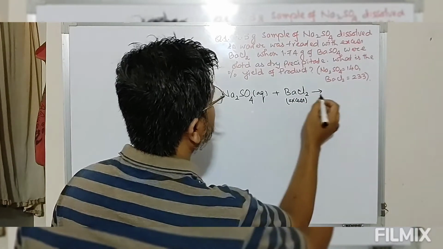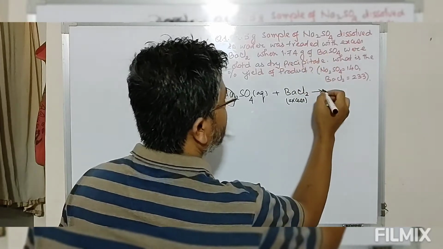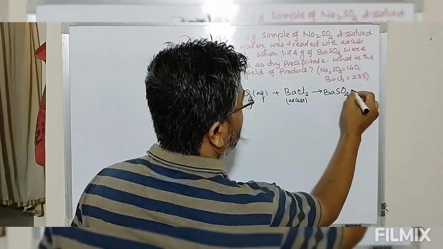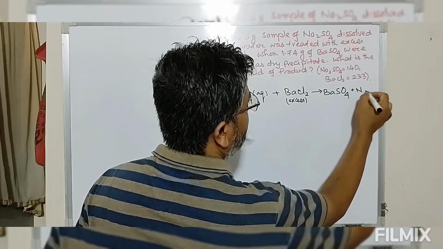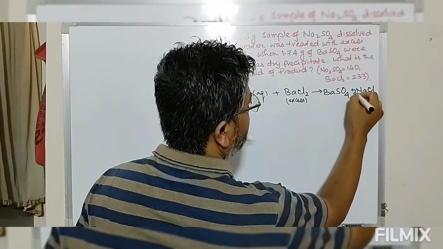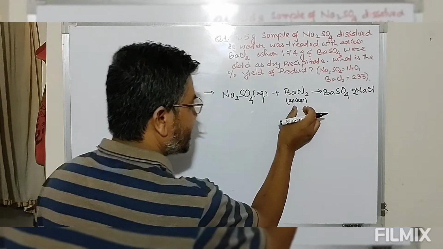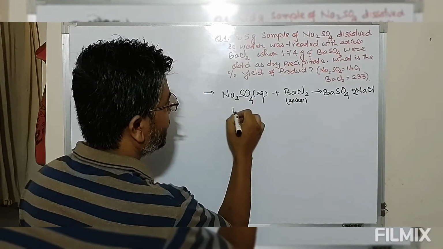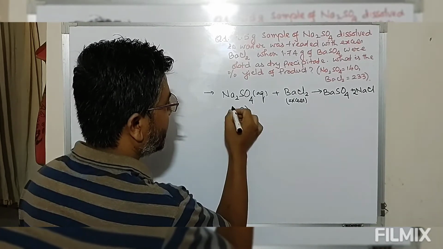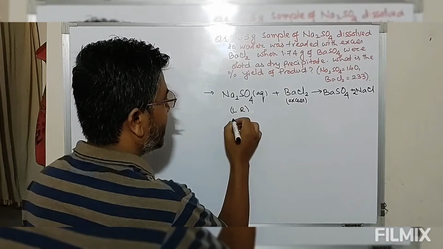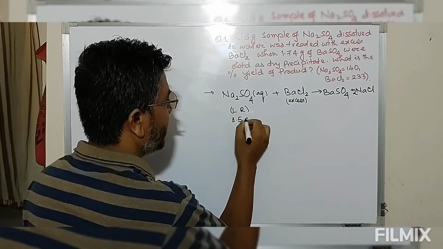When this gives you barium sulfate plus NaCl. Now since barium chloride is being taken in excess, sodium sulfate should be the limiting reagent, and the question says the mass of sample taken is 1.5 gram.